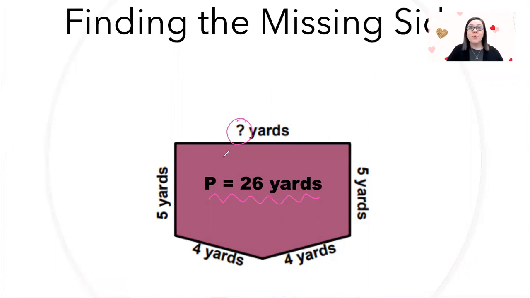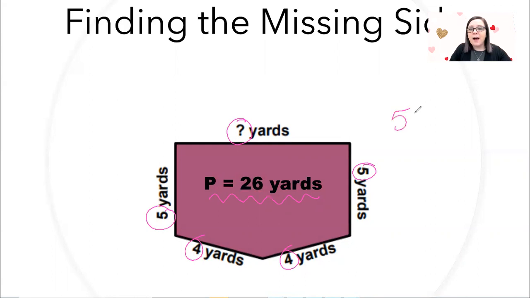Remember that for perimeter, we add all of the sides together. So here, that's exactly what we're going to do. We're going to add together all of the sides that we do know. And then what's the inverse operation of addition? Did you say subtraction? Very good. So yeah, we're going to take that total that we do have, we're going to subtract it from the perimeter, and what's left over is going to be that one side that we're missing.